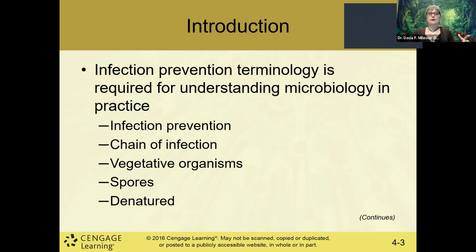You need to know the different types of organisms, whether they create spores or not. They could be vegetative organisms. And then what does it mean to be denatured? So denaturing a protein renders it useless. Well, that's the same thing that's going to happen if we do that to pathogens.